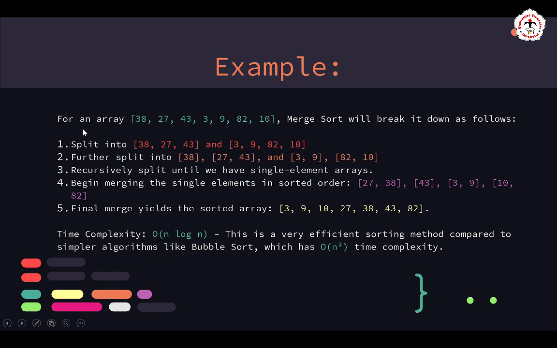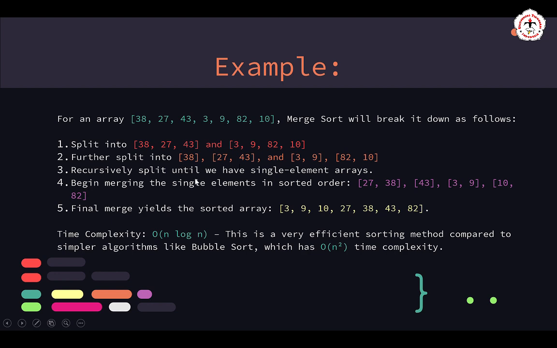Example. For an array, you can see this array. Merge sort will break it down as follows: split into two arrays like this, and then further split into single elements.